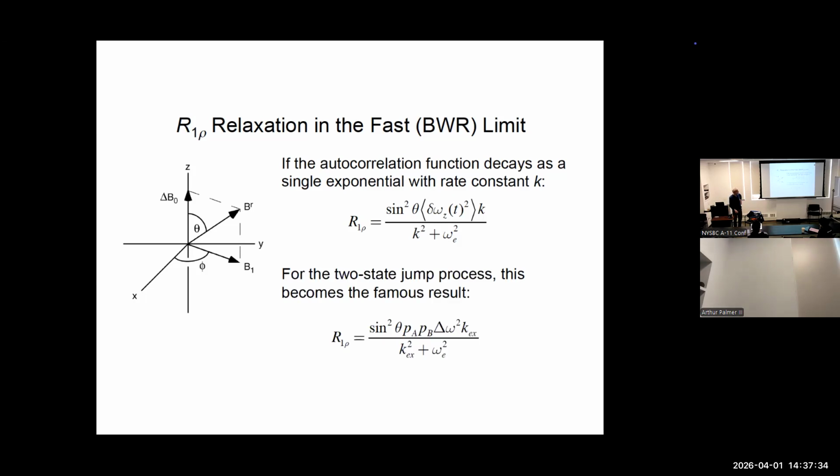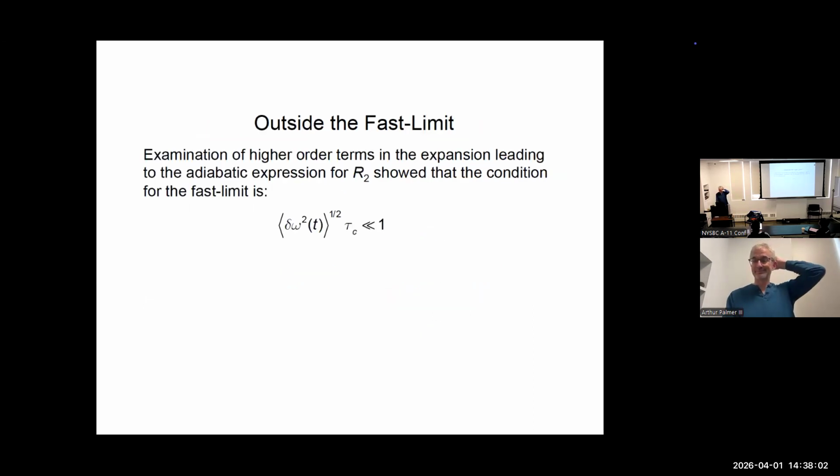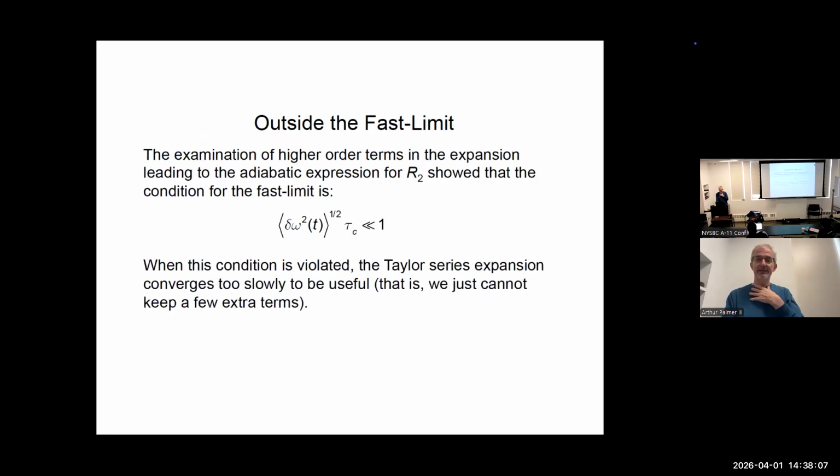We get this: sine squared theta p_A p_B delta omega squared k_ex. So we have the same problem in the fast limit. We can't separate p_A and p_B from delta omega squared. And we only have delta omega squared. So again, we don't know the sign of delta omega. There's the fast limit again.